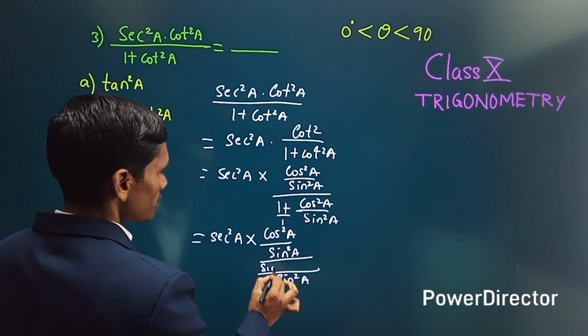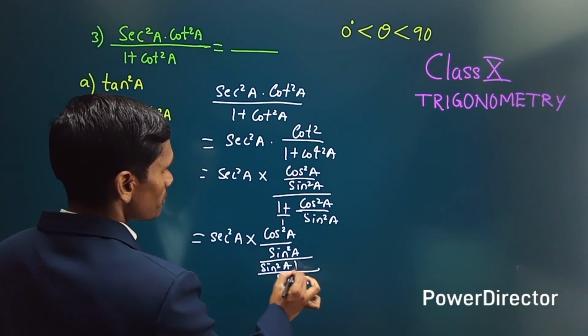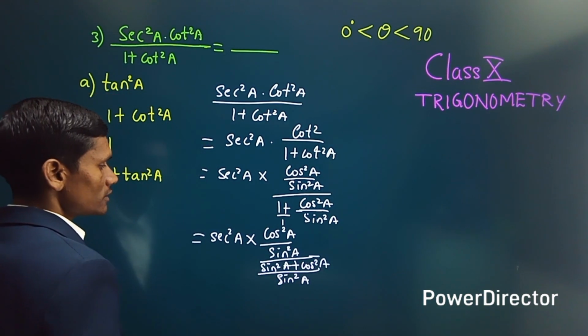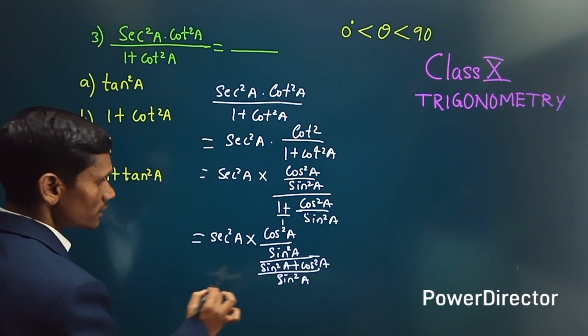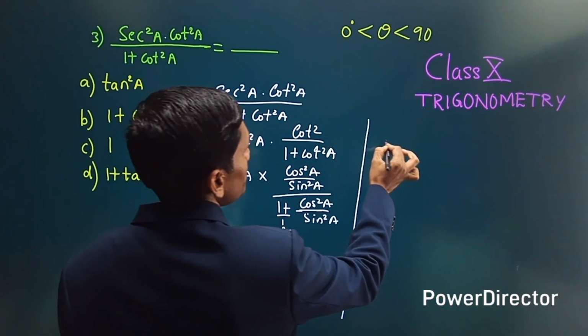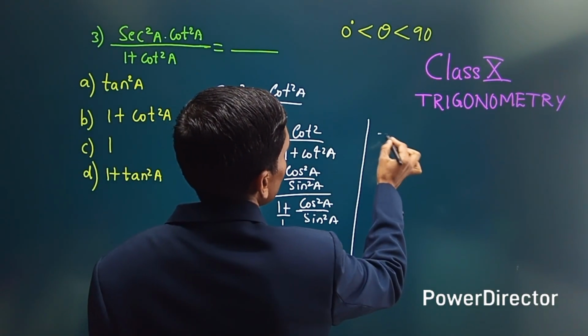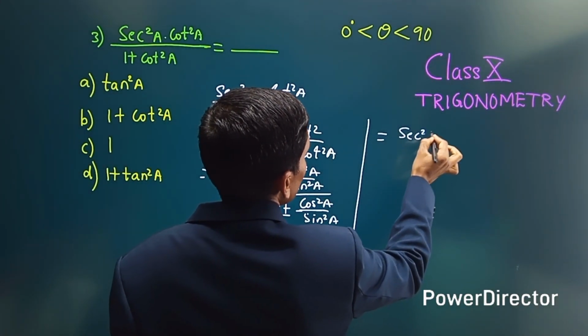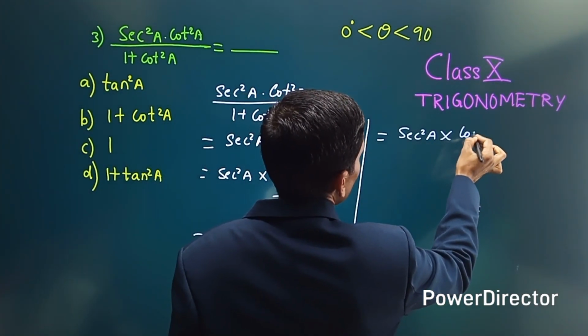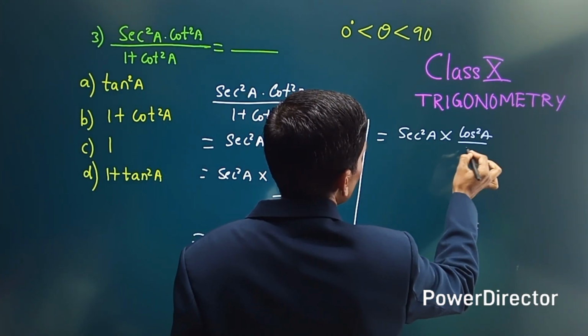So this becomes sin square A plus cos square A, right? So if you further simplify, let me write here. So this is equal to sec square A into cos square A divided by sin square A.